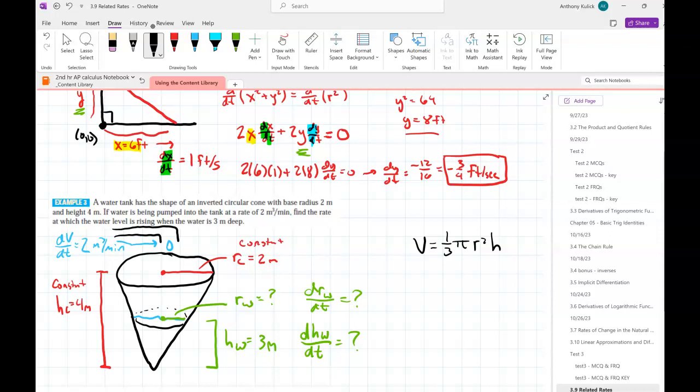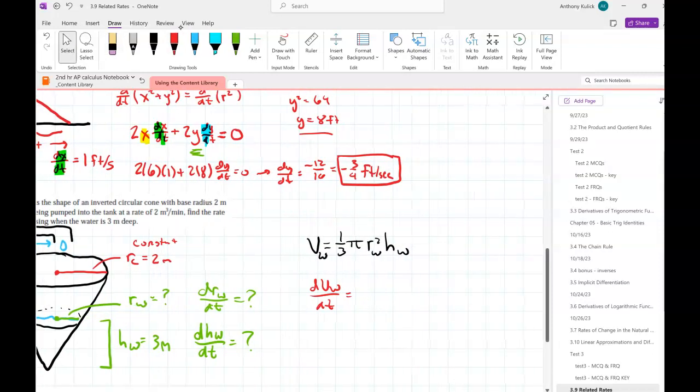Now I'm going to add W's to each of these. Probably should have put a W up here on the volume because that's the volume of the water, not the volume of the cone. Everybody's good with that? Okay. So if I do the derivative of both sides, on the left-hand side I get dV/dt, which is fine because we know that. If I do the derivative of the right-hand side, how do I do that?